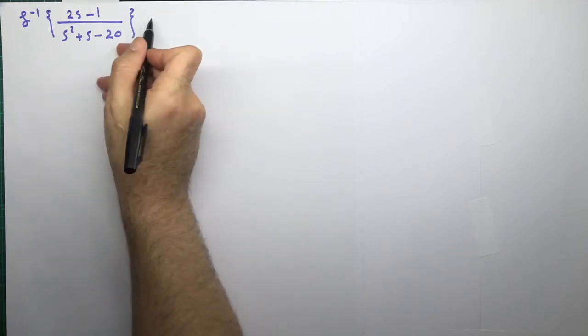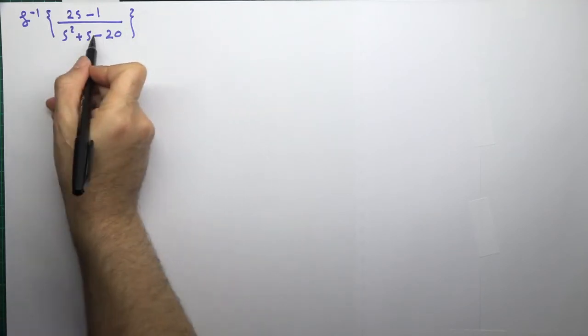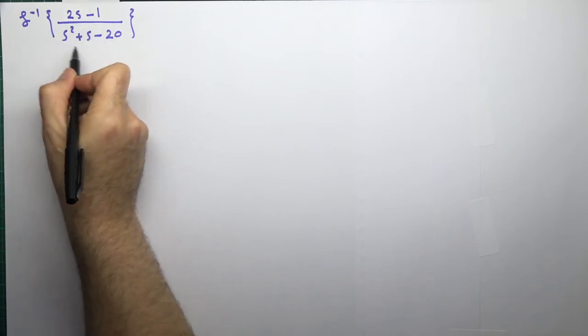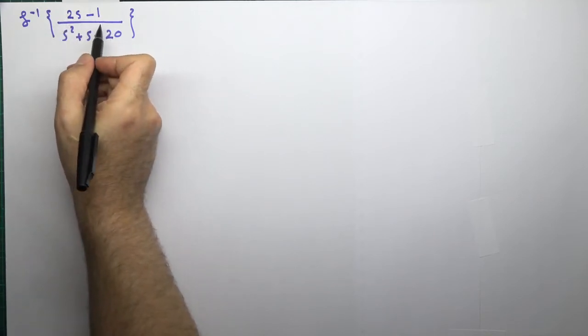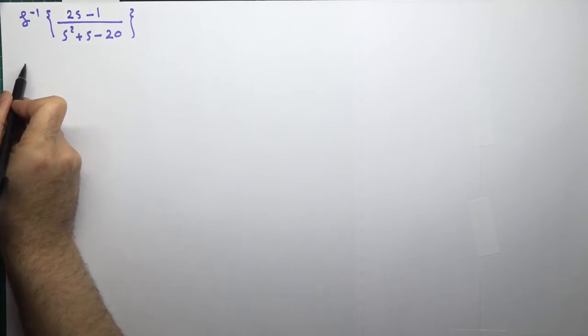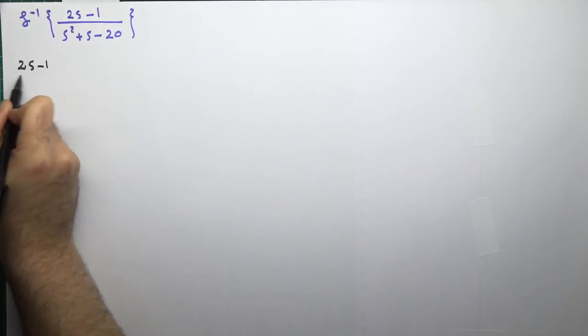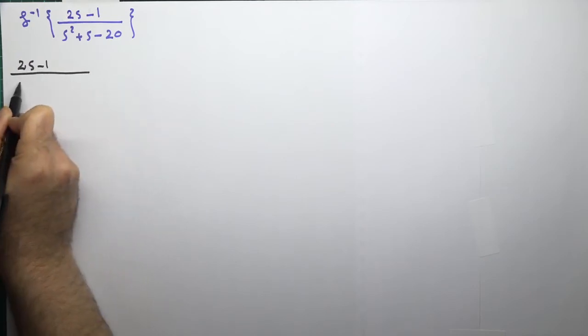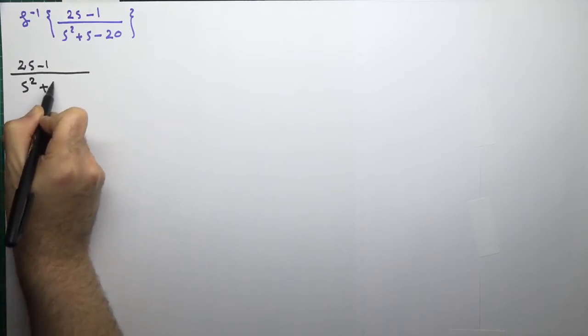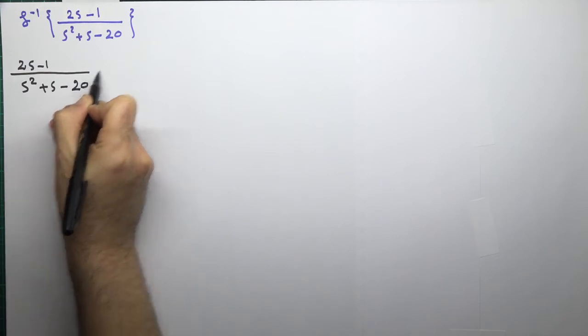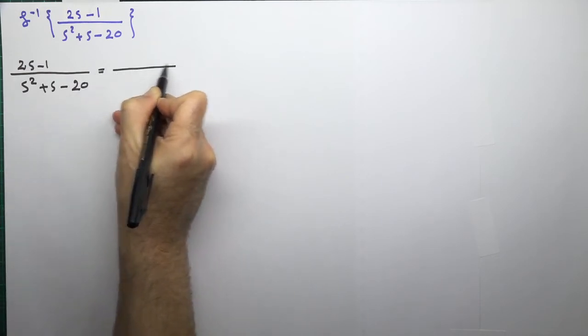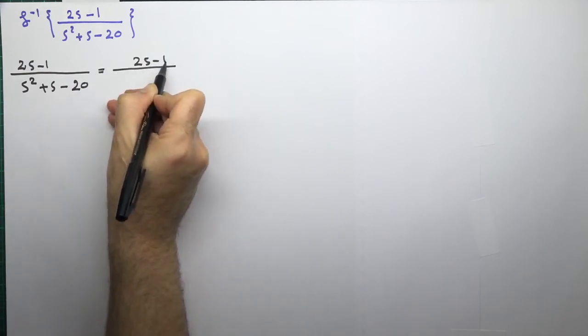So what we have here, we have to write the partial fraction decomposition of this rational function. So we have, as you know, 2s minus 1 divided by s squared plus s minus 20, and it will be 2s minus 1.